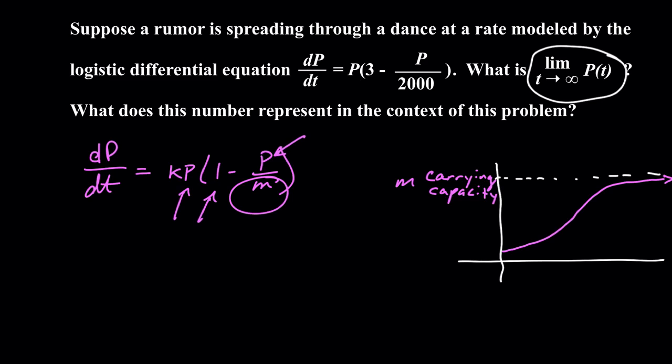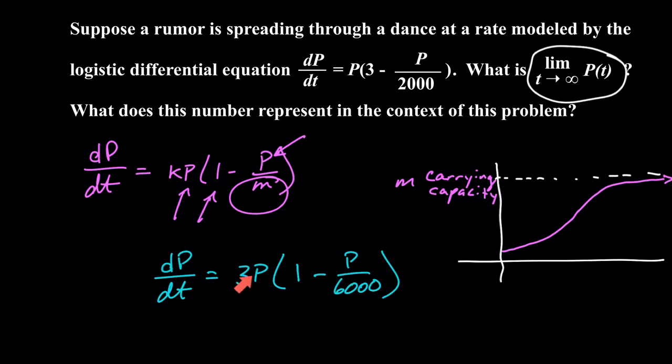So on this particular problem, we need a 1 right here, so that means we need to factor out the 3, which will give us dP/dt equals 3P times 1 minus P over 6,000, because 3 times 1 over 6,000 would reduce to 2,000 for your denominator.